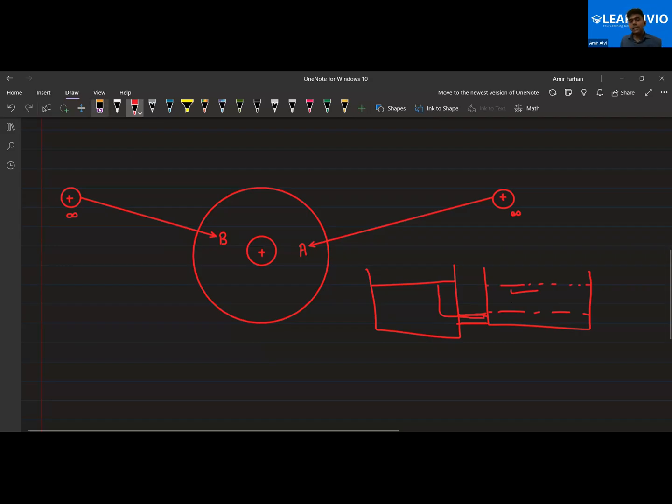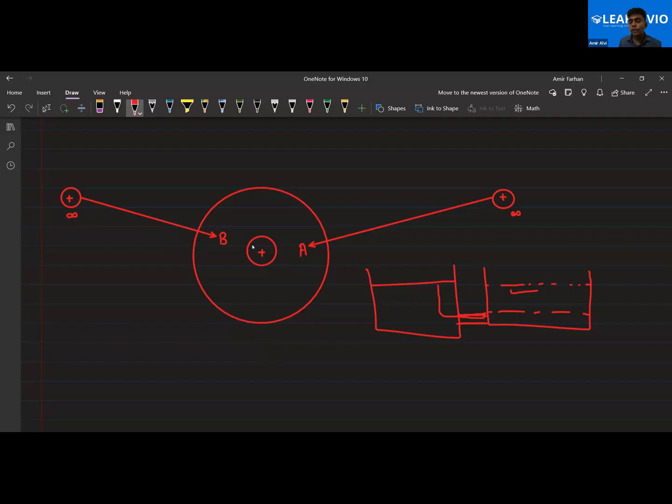So basically, the potential difference is the cause of the flow of electric current. Potential difference helps the electrons flow from one point to another due to the difference in potential. Suppose point A is at higher potential, so more work is required to bring a charge from infinity to point A, and B is at lower potential, so the work done required from infinity to B is a little lower.